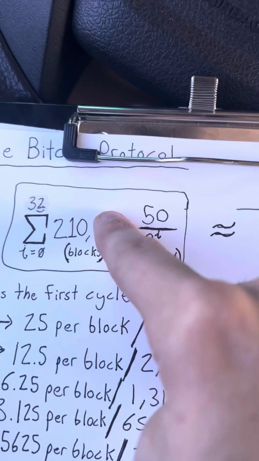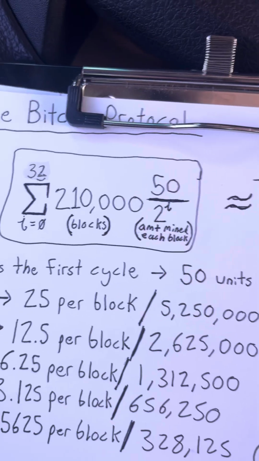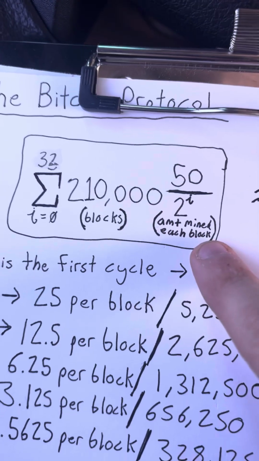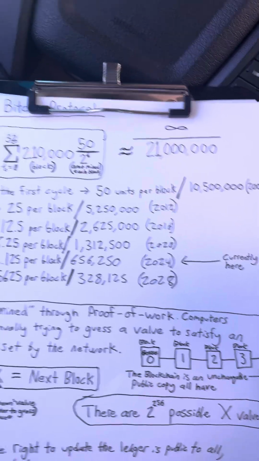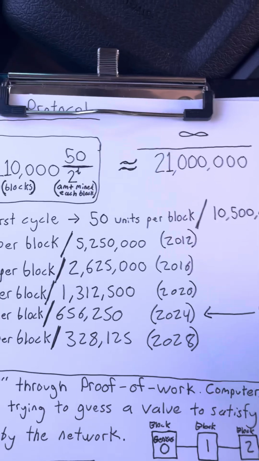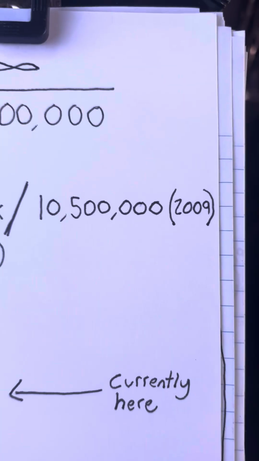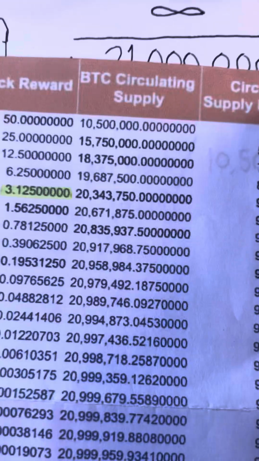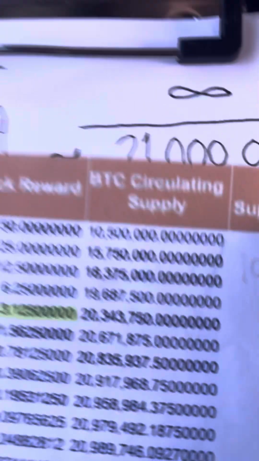This equation is telling the network and everyone who agrees to it, these are the rules, you cannot change them, this is what's going to happen, and it's all lined out. So, i is 0. You plug it in, your result will be that. What is that number? That number is the total amount of circulating supply that cycle.